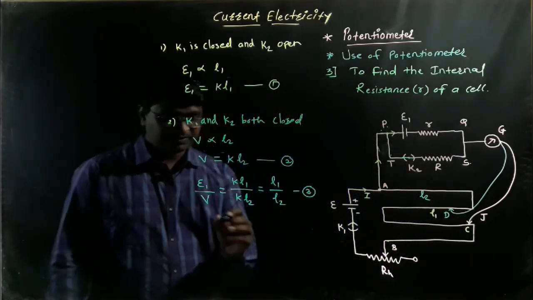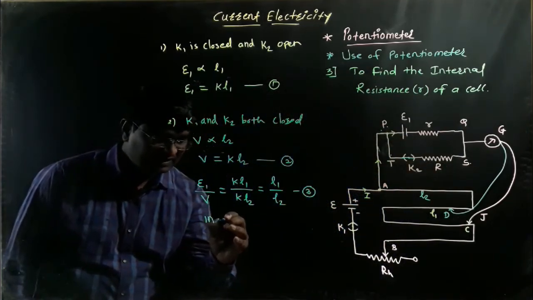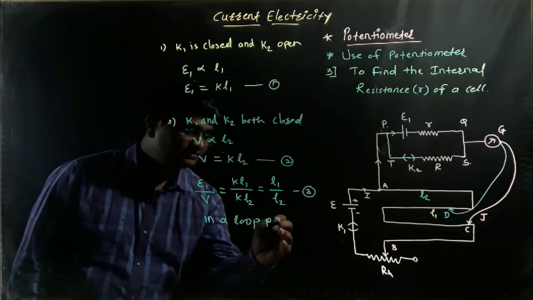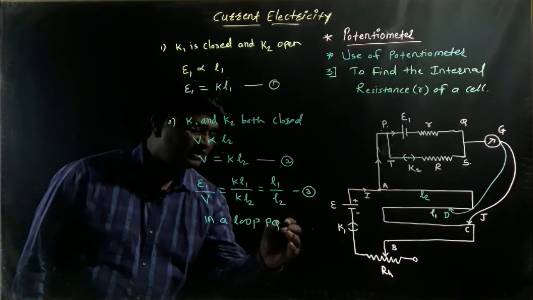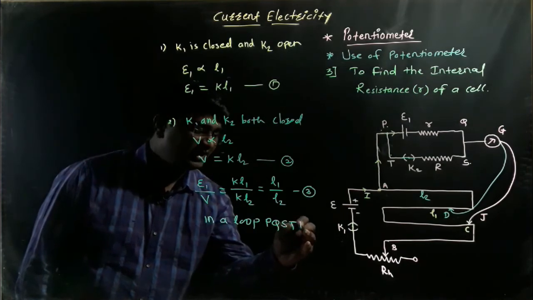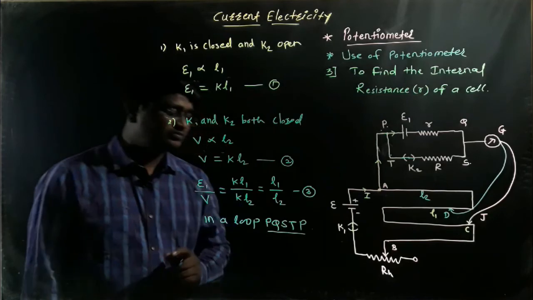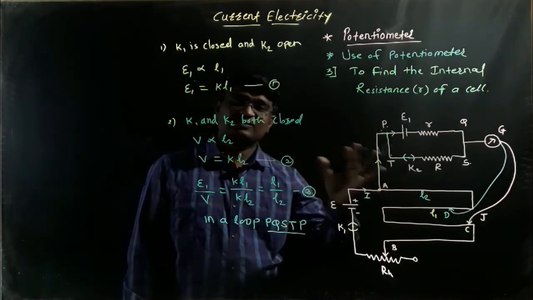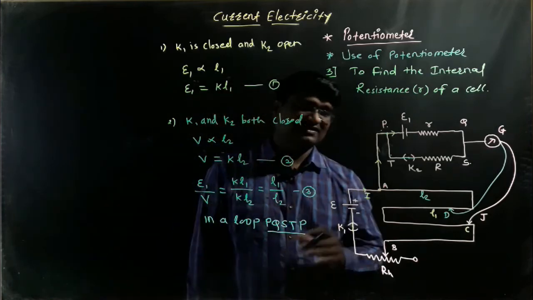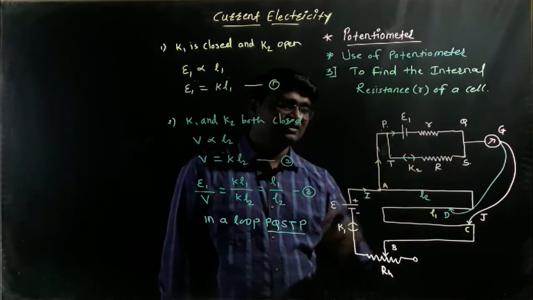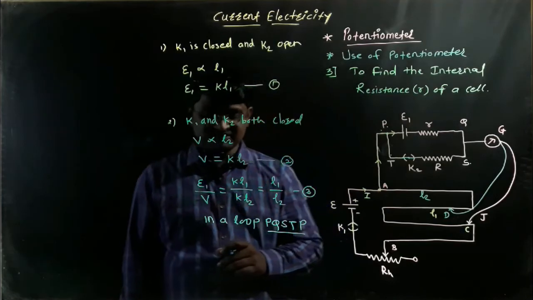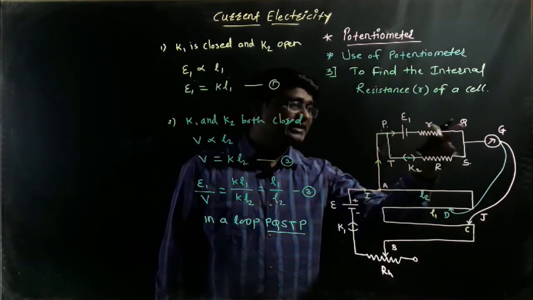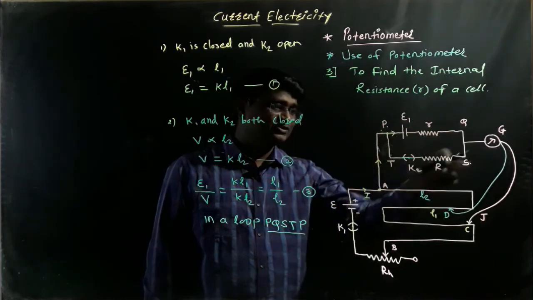In a closed loop, let's see here, P, Q, S, T and again P. So by using Kirchhoff's second law, we find the value of epsilon 1 in the loop PQSTP. This is the direction of tracing.